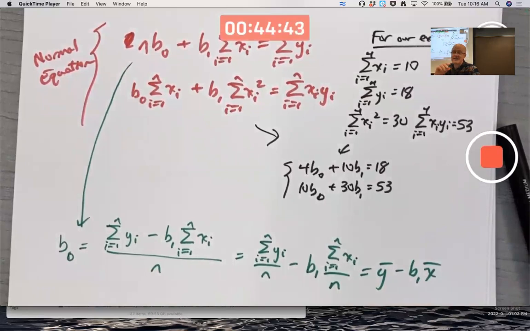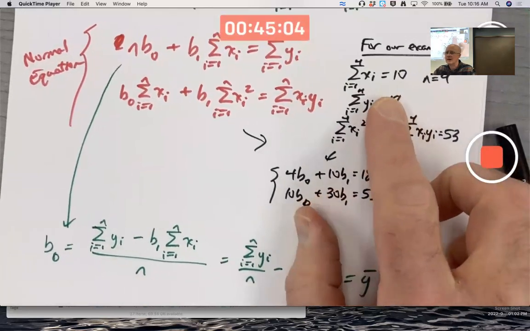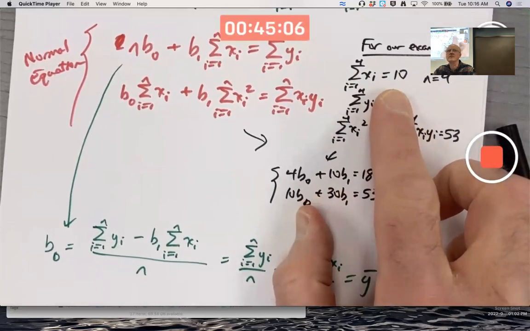Now, that's not likely to be a data point, right? It's not likely that you're going to have a data point whose coordinates are the mean of the x's and the mean of the y's. But that point, which is probably not a data point, will be on the regression line. What is it in our case? The mean of the x's would be 10 divided by 4 is 2.5.